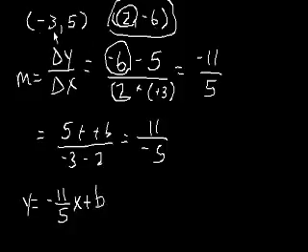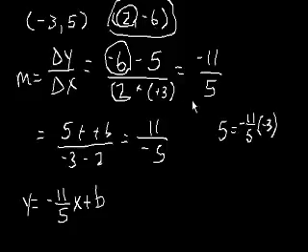Now we can take one of these pairs on the top and substitute back and solve for b. Let's take the first pair. So 5 is y, so we say 5 equals negative 11/5 times negative 3, right? I just put the x in for x, plus b.